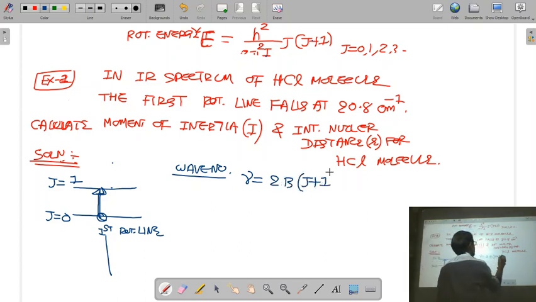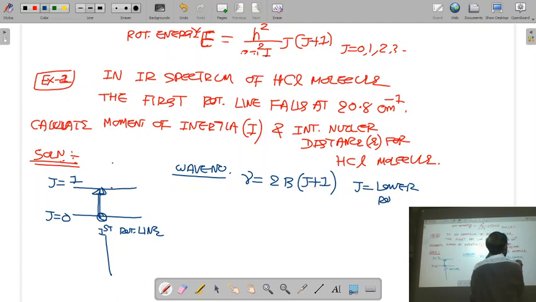We derived this equation in the previous lecture: the wave number of the rotational line, when the molecule makes a transition, is 2B(J plus 1), where B is called the rotational constant and J is called the rotational quantum number. But I told you that time that here J is the lower rotational quantum number.